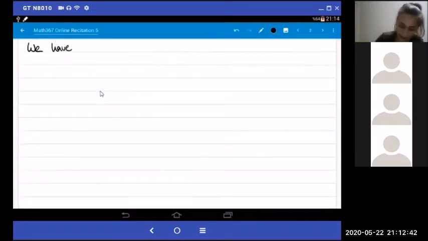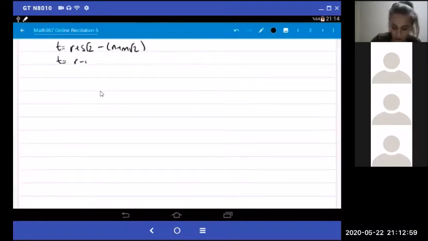Let me put first t as r plus s root 2 minus, is it minus? Yes, it is minus, n plus m root 2. Instead of this one, I'm going to use (r minus n) plus (s minus m) root 2, something like this.